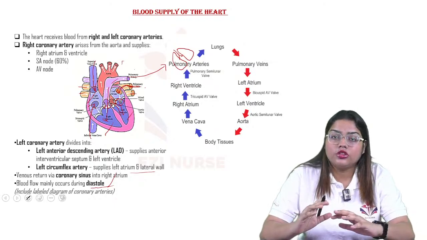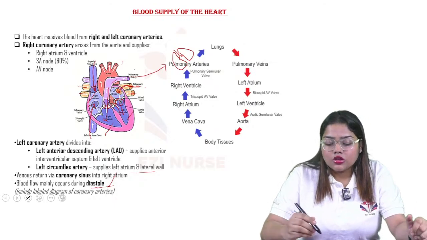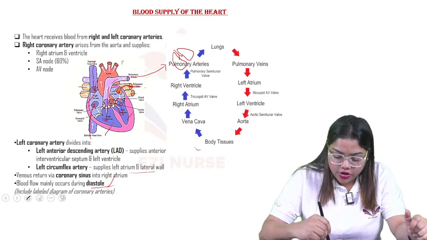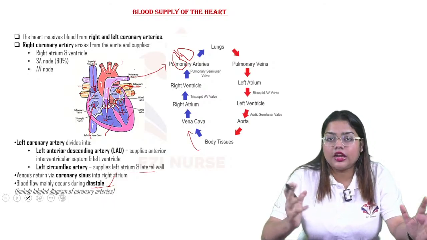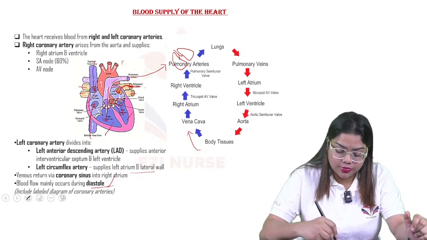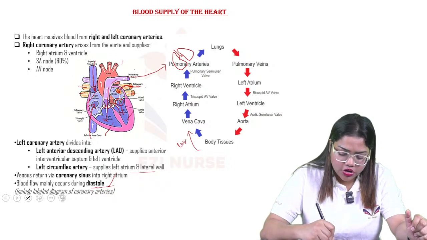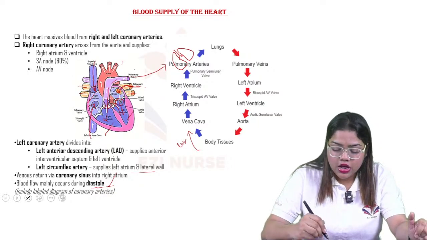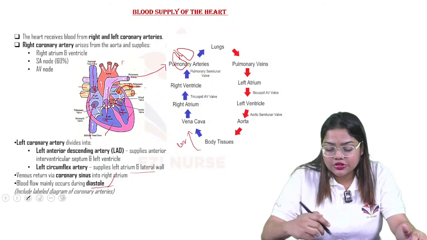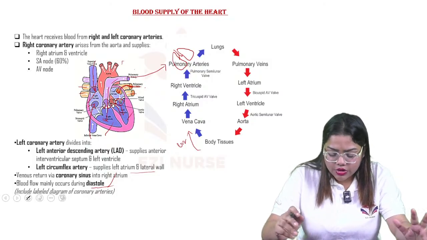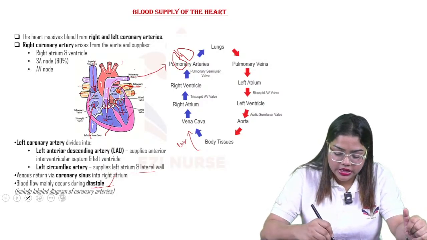So let's just remind once. From the body tissue, through the vena cava, superior and inferior, the deoxygenated blood comes into the right atrium. It will pass the tricuspid valve, or AV valve, we can say.